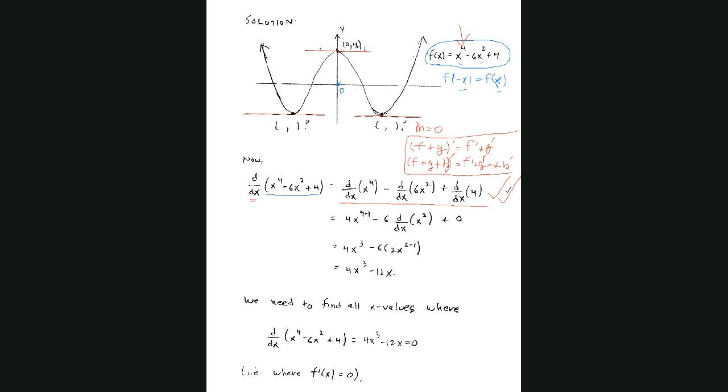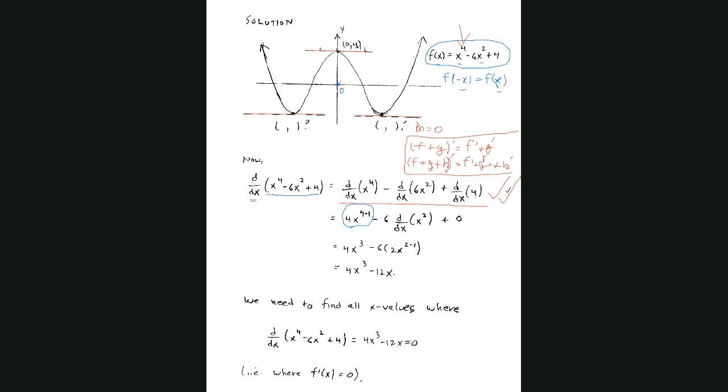So the derivative of x to the 4th is 4 times x to the 4 minus 1 power. What rule did we use there when we took the derivative of x to the 4th and got 4 times x to the 4 minus 1 power? That's the power rule. Very good.